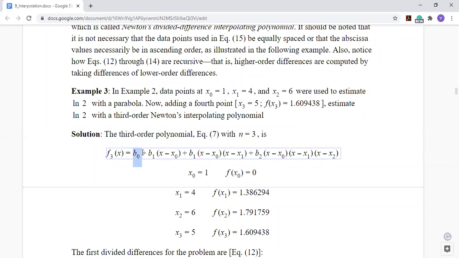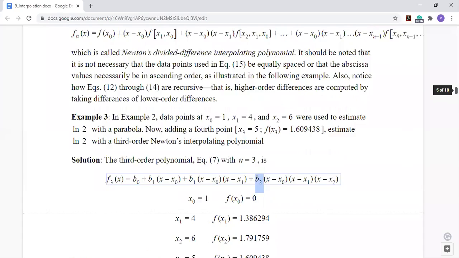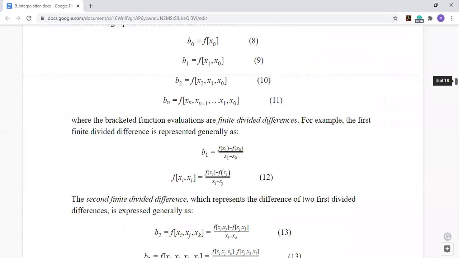So this is B0, B1, then your B2. This is the general structure of the polynomial. So you have B0, B1, and B2.